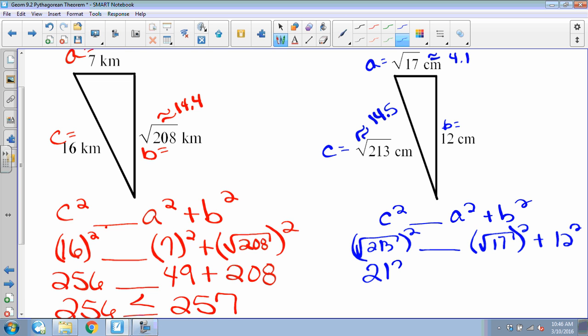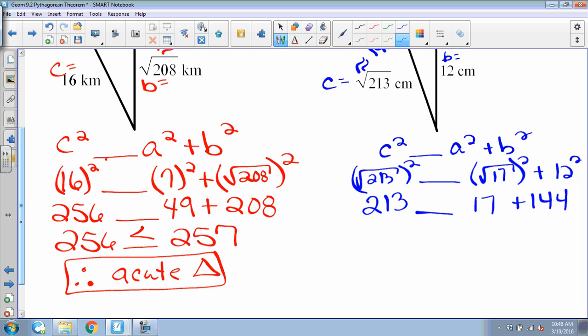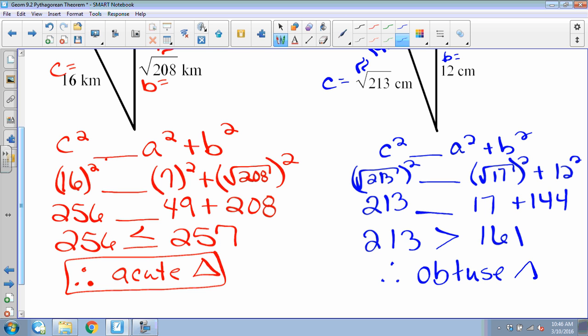So 213 is what to 17 plus 144? 17 plus 144 is what? 161. So 213 is greater than 161. Therefore, obtuse. Questions?